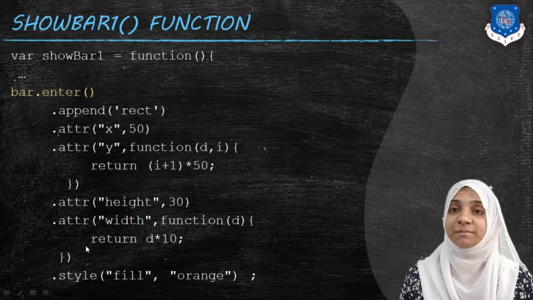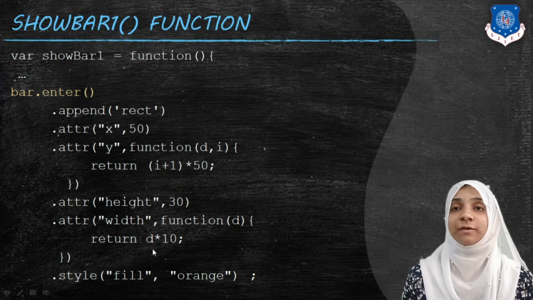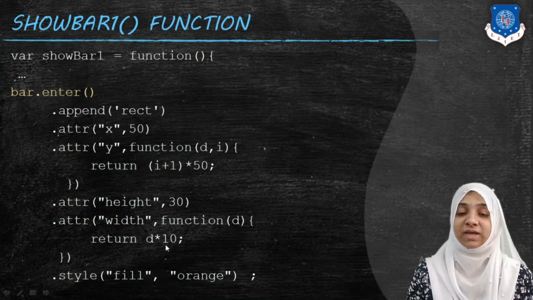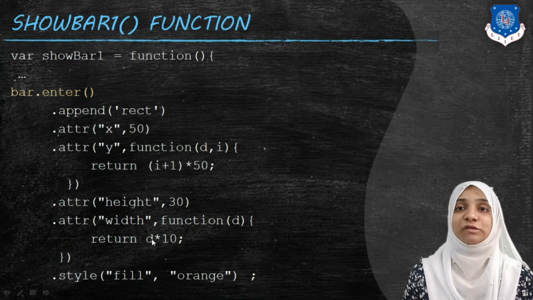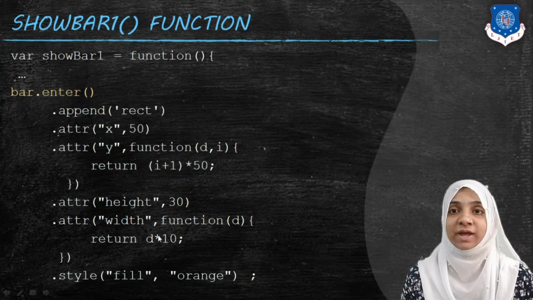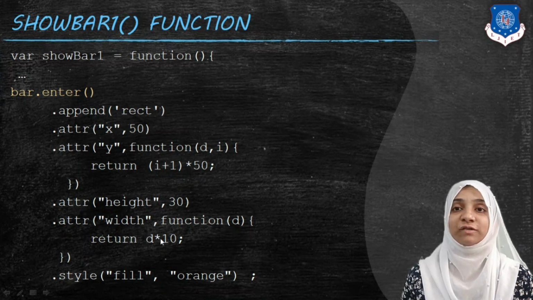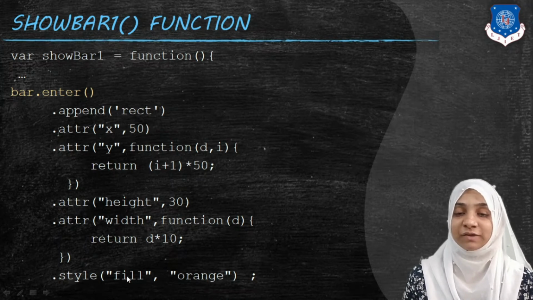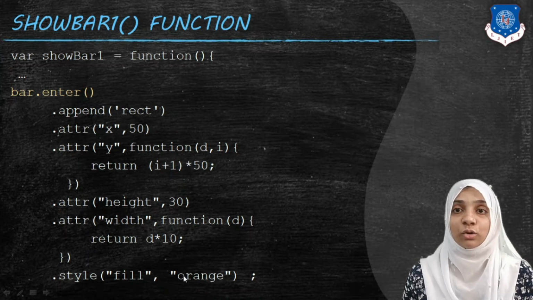So we can simply return d, or if we wish to have longer bars, we can multiply any factor with d. Say for example the data is 10, so 10 into 10 will be 100. The width of the first bar will be 100 pixels. So the width will get associated accordingly, and we are obviously filling some color, so it looks attractive.